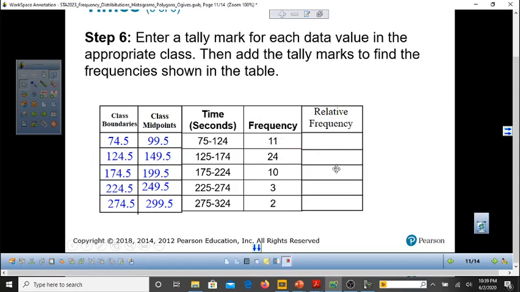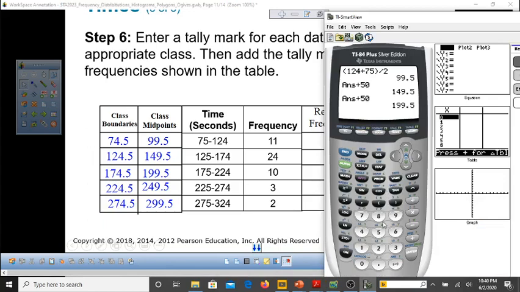How do I find my relative frequency? Well, the total number of values should be 50, which I could get by adding these frequencies. 11 plus 24 is 35, plus 10 is 45, plus 3 is 48, plus 2 is 50. So the relative frequency here is 11 over 50, and I'm going to write that as a percent. So I do 11 divided by 50, and that should be 0.22, and then I multiply that by 100, and that will give me my percent, 22%.